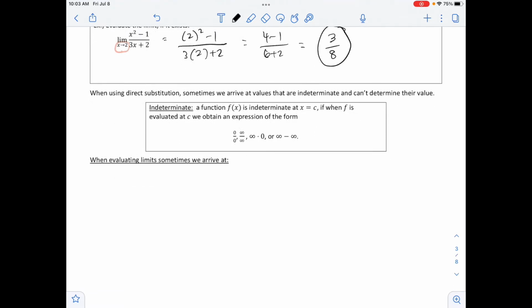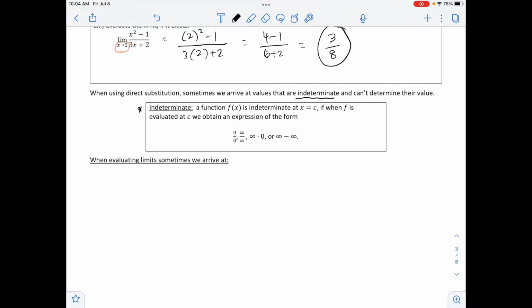When using direct substitution, sometimes we arrive at values that are indeterminate and can't determine their value. Indeterminate is going to be a big word that we use throughout this course. A function f of x is indeterminate at x equals c when f is evaluated at c and we arrive at an expression of the form 0 over 0, infinity over infinity, infinity times 0, or infinity minus infinity.